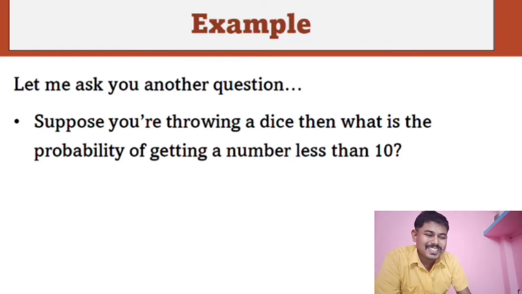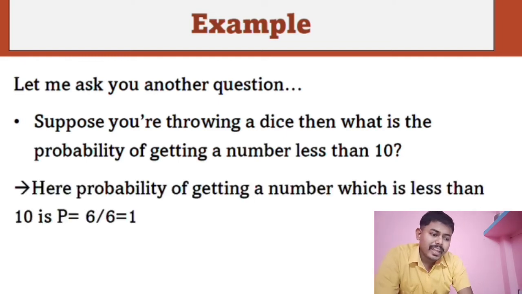So this question is really interesting. It is asking the probability of getting a number which is less than 10, and all the numbers are less than 10. So the favorable outcome is 6.